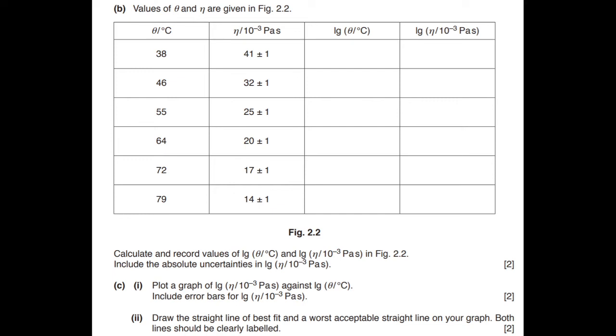Or you can go highest minus lowest divided by 2. That's half the range. So it's log of 42 minus log of 40, divided by 2.